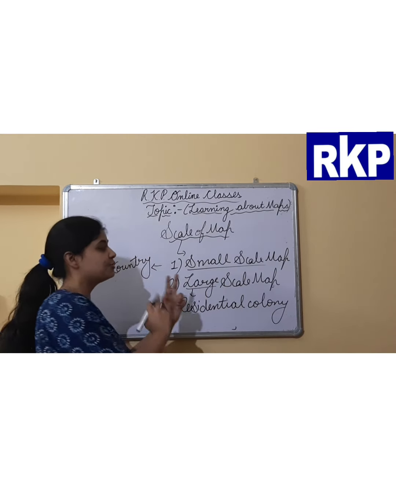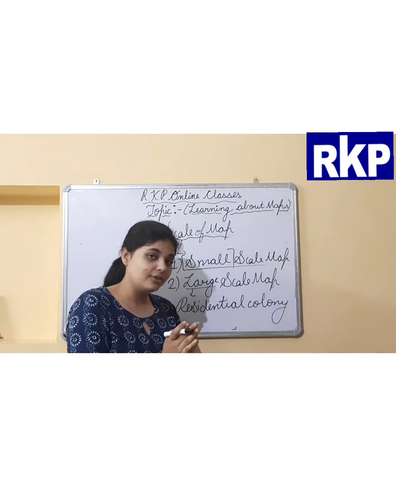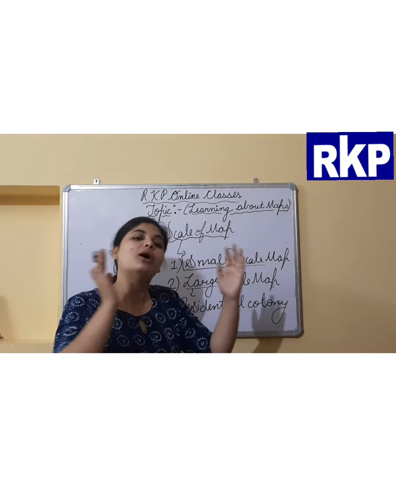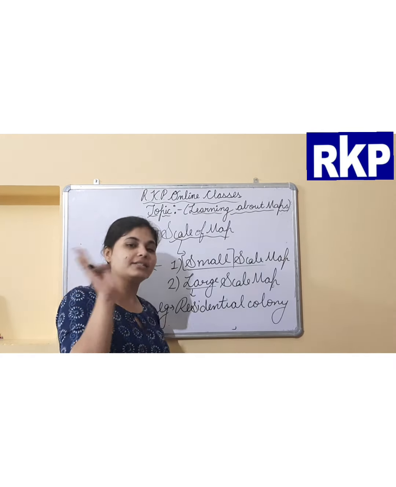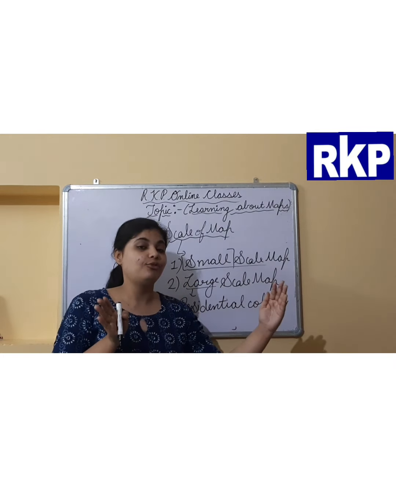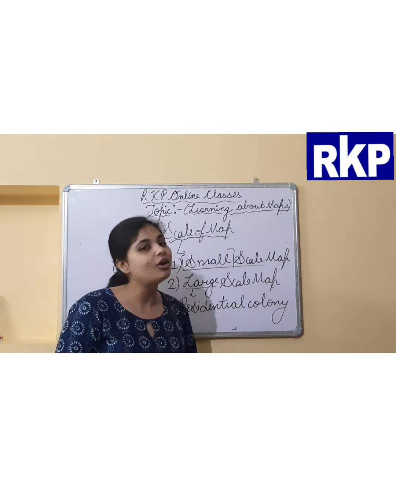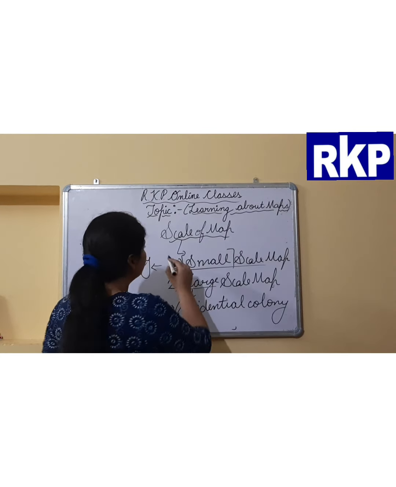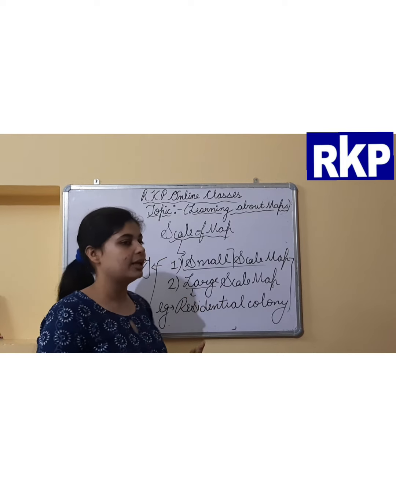That means a small scale map will give you small information about a large area like countries, and a large scale map, on the other hand, is opposite to a small scale map. It will provide you large information about small areas, like your colony only. Okay, so these are the scales of map, large scale map and small scale map.